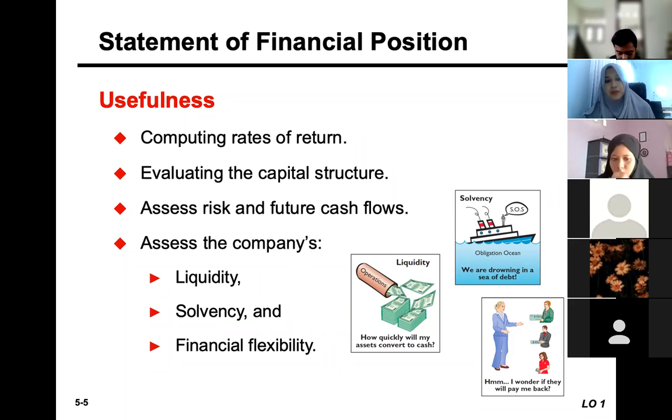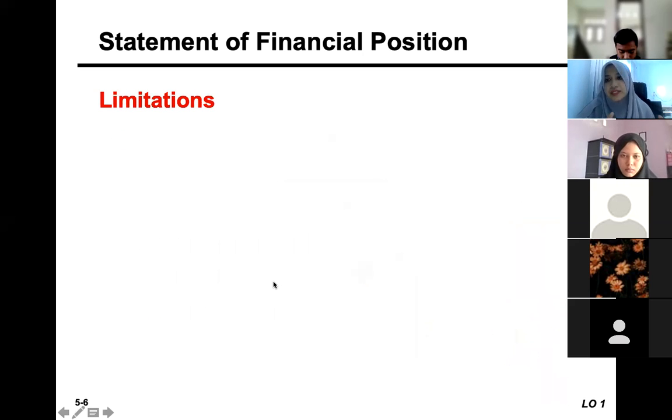Meanwhile, solvency refers to the long-term ability of the company to meet its long-term debts, or long-term liabilities. And financial flexibility is how tight or how flexible the company's cash flow is. If they have so much debt to fulfill, then their financial flexibility is very limited.